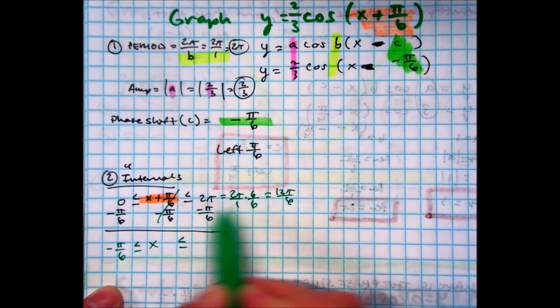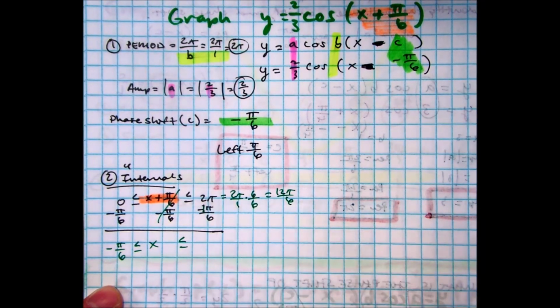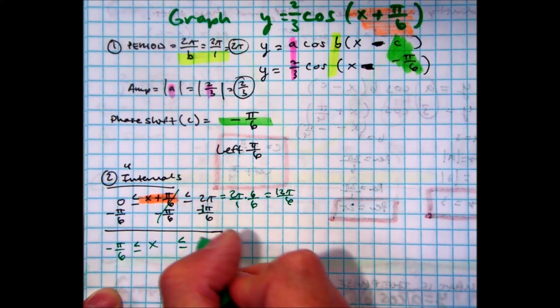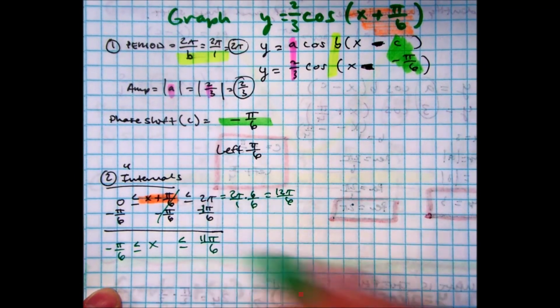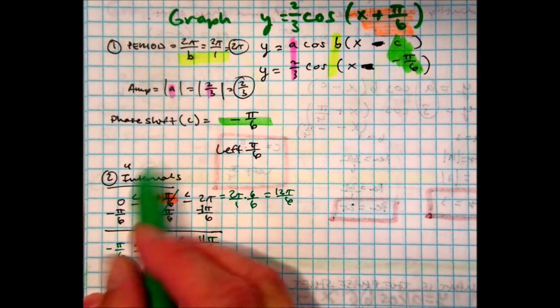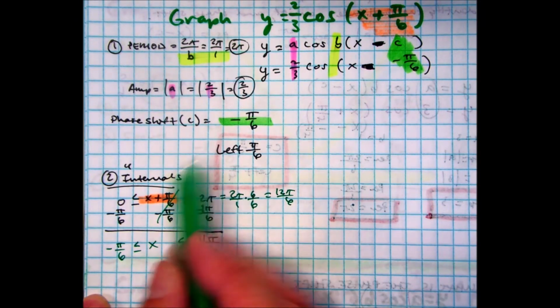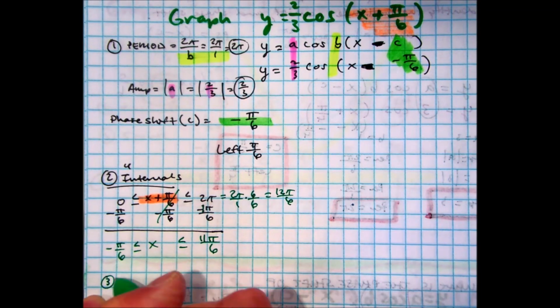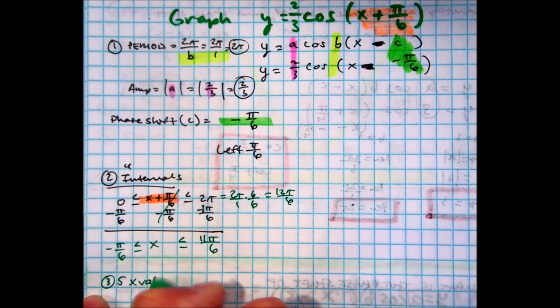So class, what's 12 minus 1? 11 pi over 6.